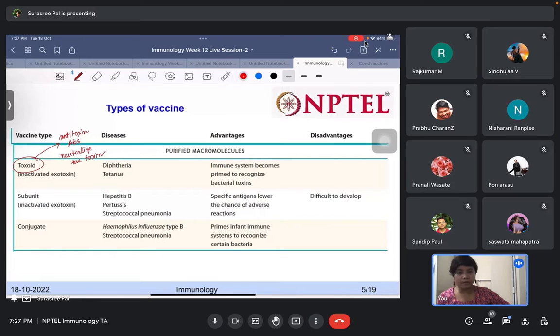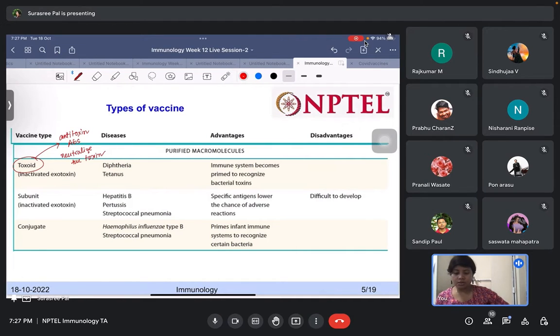However, you remember one thing, that this does not produce a long-term immune response, and it only produces temporary protection. So this is a major disadvantage of the toxoids.